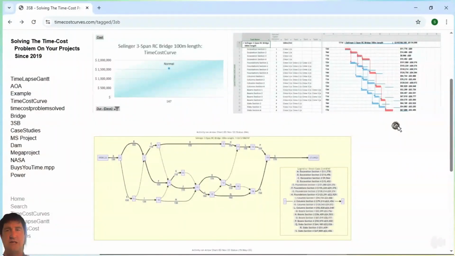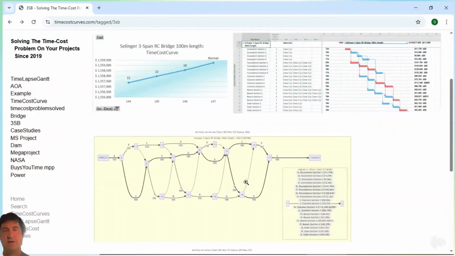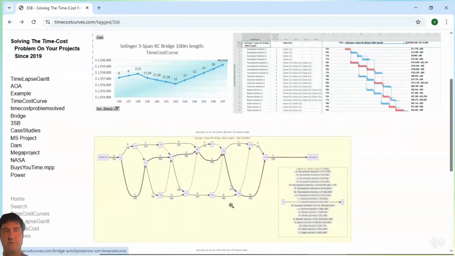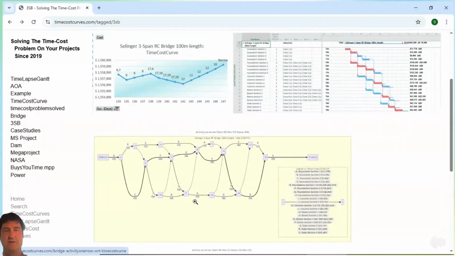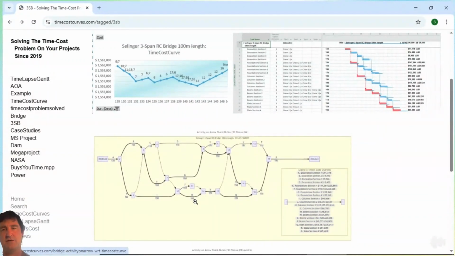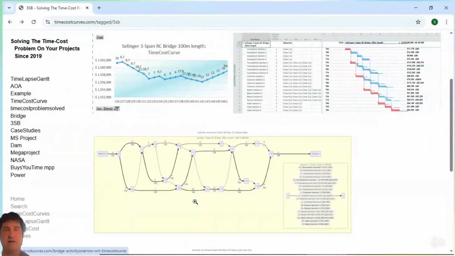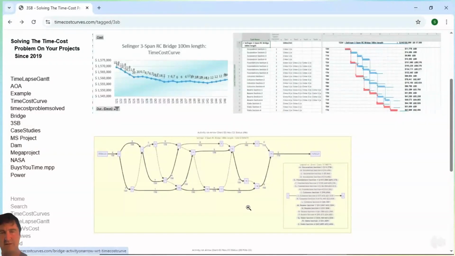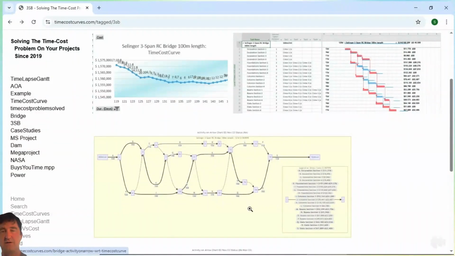So I'll start with what you need to get right first, which is the activity on arrow chart, and that's here down the bottom. You can see that all of these charts are moving as a GIF, but they're not in sync, so don't expect that to make sense in terms of the synchronicity of all three.